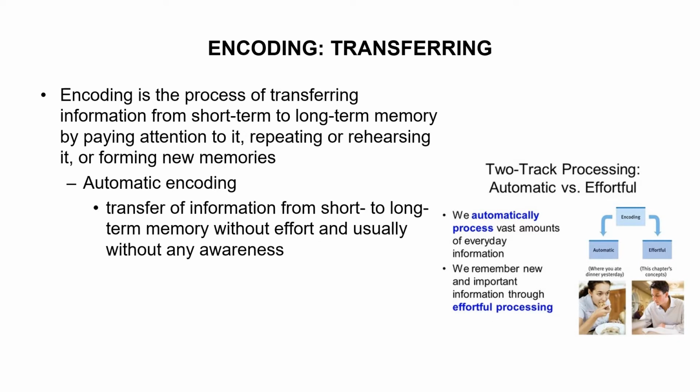First is automatic encoding. This is where we transfer information from short to long-term memory without any effort, so without any awareness. Really, what's going on here is this is information the brain deems to be important without conscious thought. It's information that the brain associated without even thinking about it.